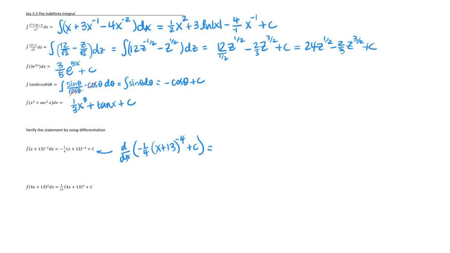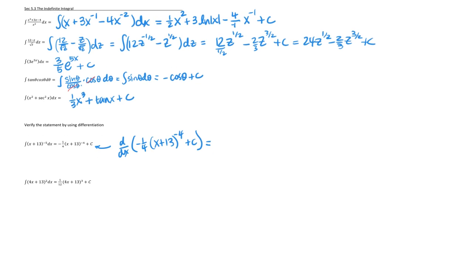So if I take the derivative using the chain rule, I'll have negative 1/4 times negative 4 x plus 13 raised to the power, I have to subtract 1, so negative 4 minus 1 will be negative 5, and then times the derivative of the inside part. The derivative of x plus 13 is just 1, and then the derivative of c is 0.